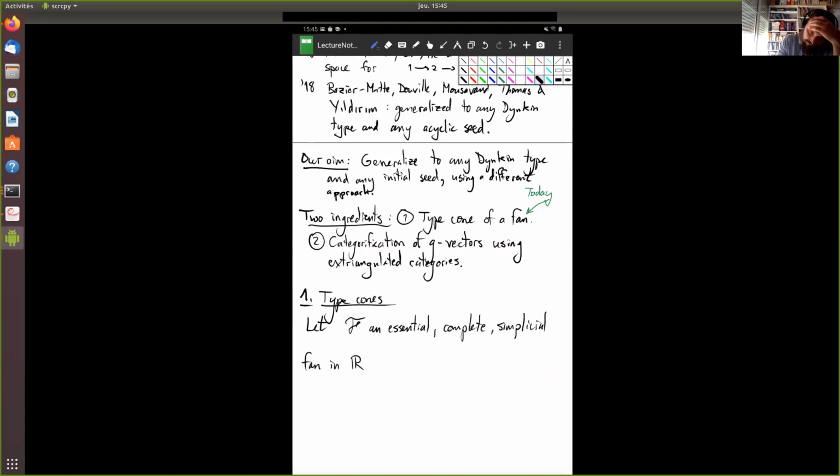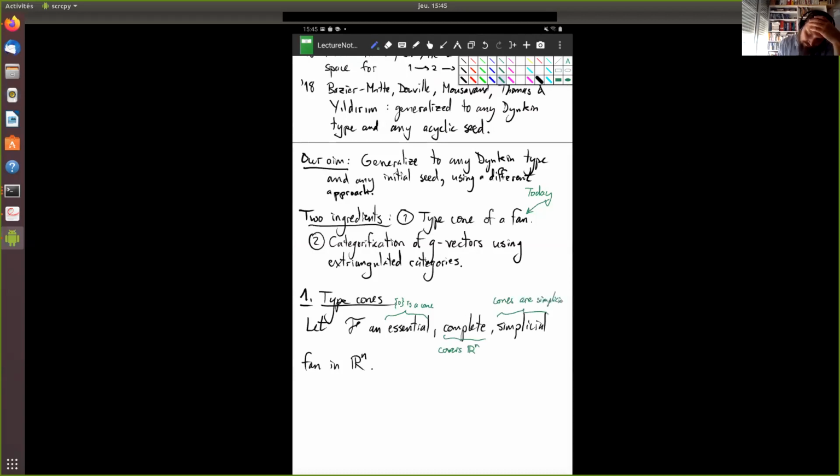So what is a fan? A fan is a union of cones such that the intersection of two cones is also a cone of smaller dimension inside the fan. Essential means that 0 is a cone. Complete means that the fan covers the whole of R^n. And simplicial means that cones are simplicial.